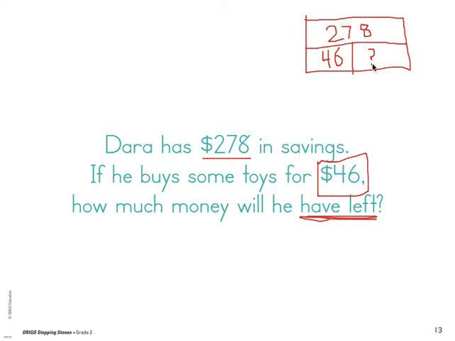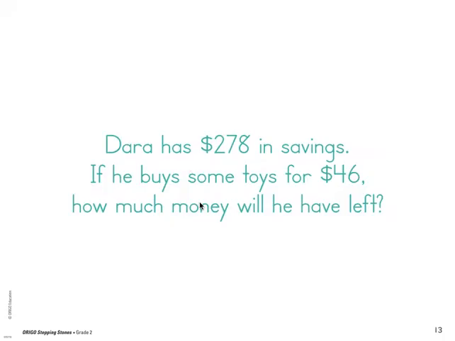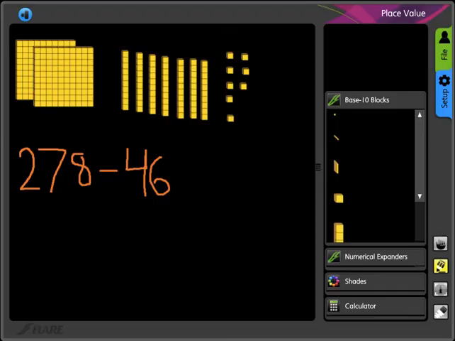So if he starts with $278, he spends 46 of it, are we adding money or are we taking away? We are taking away, subtracting. So let's subtract.